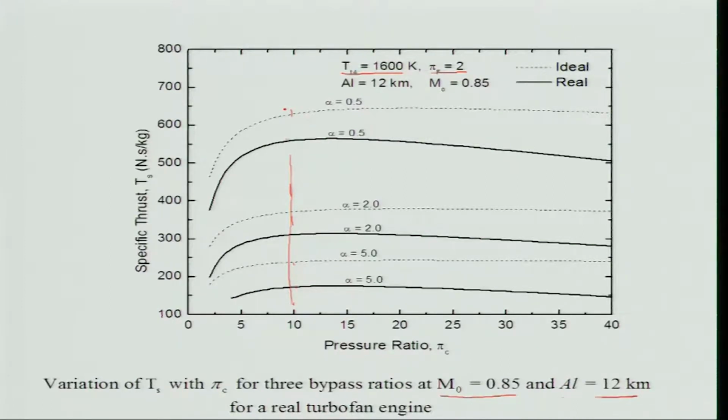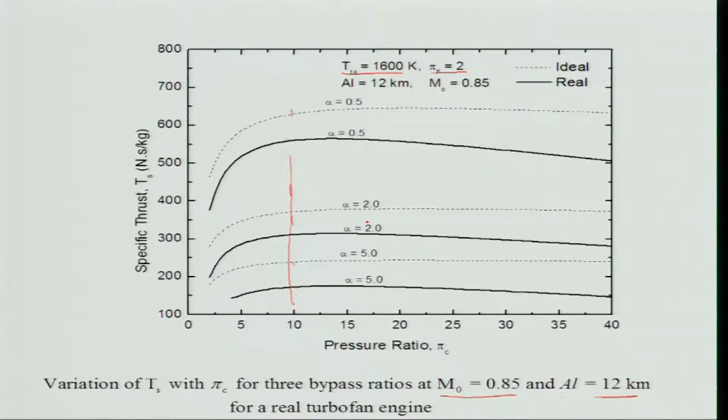It is a similar thing if I go for alpha equal to 2. Again it has a similar trend, only the real cycle analysis gives you a lower specific thrust as compared to the ideal one. So also for alpha equal to 5. We have seen a similar trend for the turbojet engine as well.